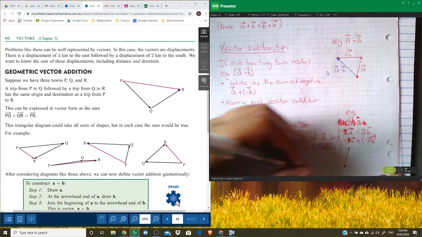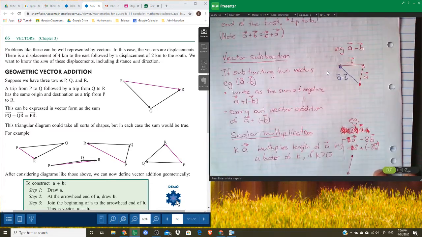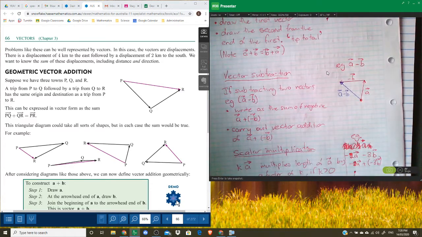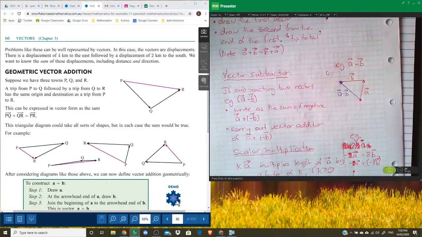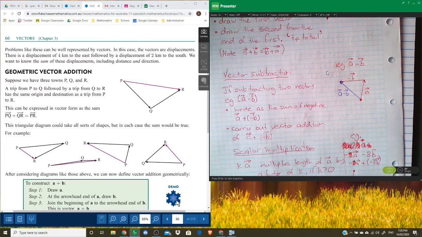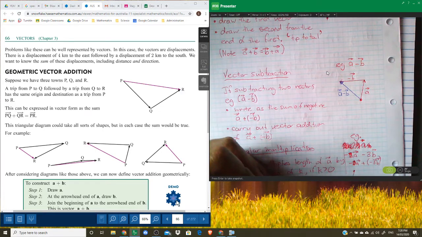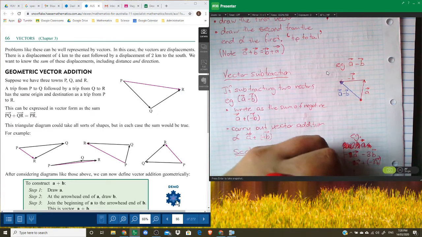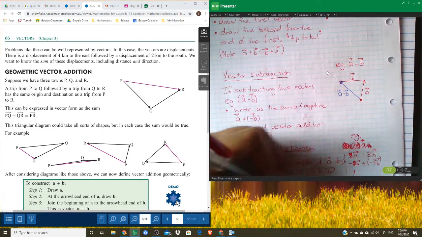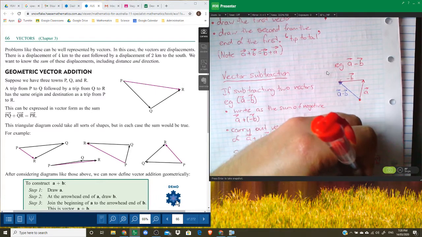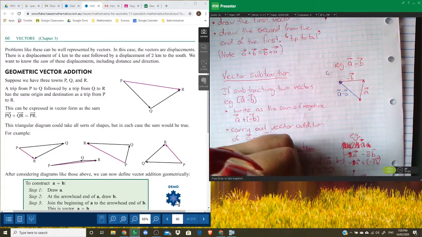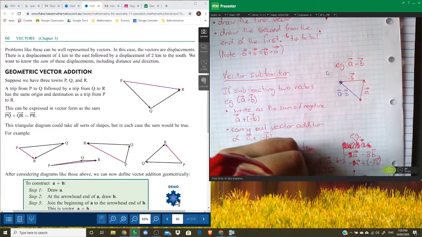And then B, I have to go across 15 squares. All right, so might as well get my ruler out for that. Because that would be that long, I believe. So that was minus A. And then minus 3B.